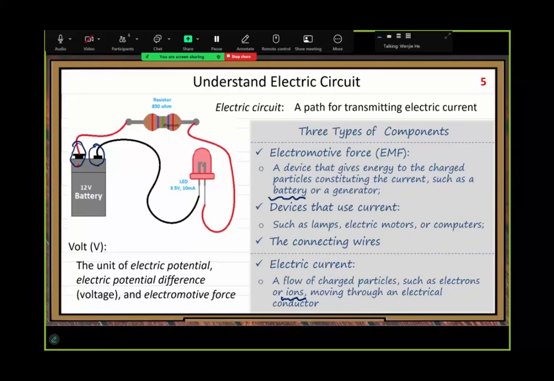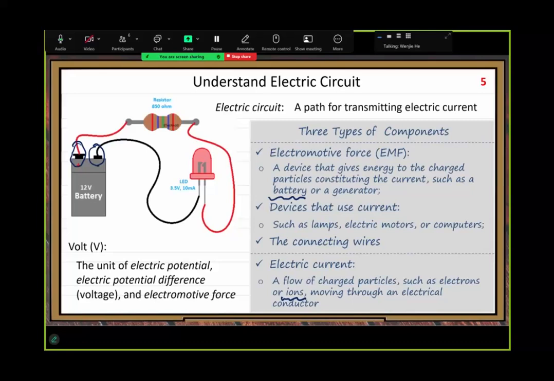The second meaning is the difference of the electric potential. We can call it voltage, the difference of two potentials. Later in our discussion, in order to make it clear, in our textbook, in many places, it's called voltage drop, or electric potential drop.